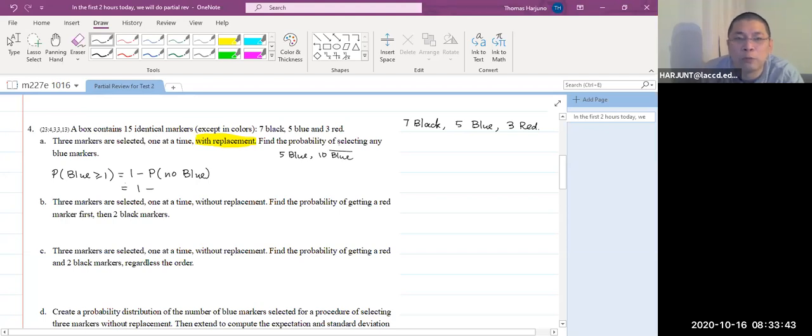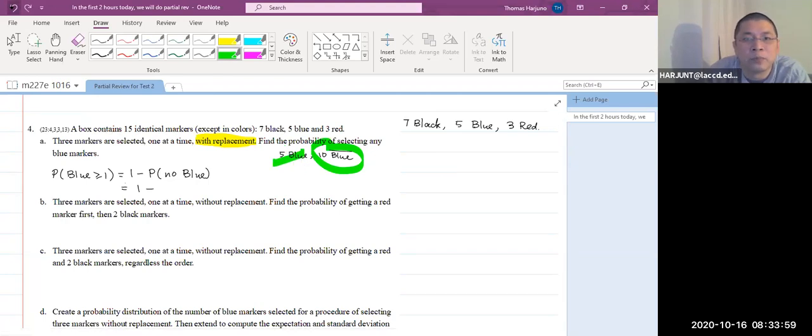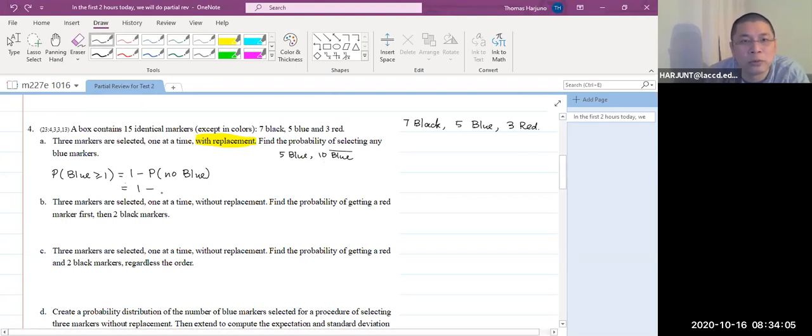If we grab 3 markers with replacement, and all of them are not blue, all of them have to come from this group, not from this one. So the probability that the first one is not blue is 10 out of 15, times.